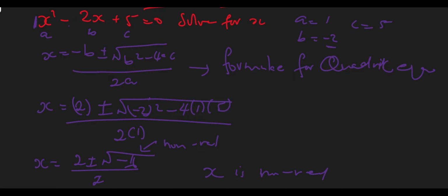So we can see that there are no real roots for the equation. So the function x squared minus 2x plus 5 will have no roots, will have no x-intercept, right? It will be something like that. It will have no x-intercept.